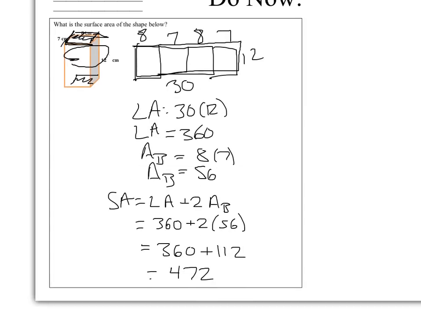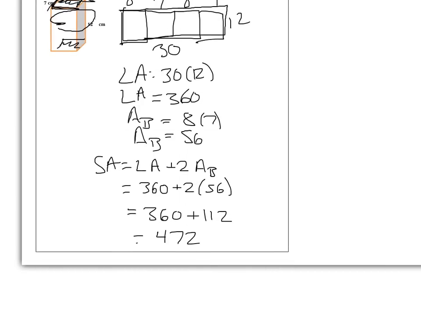And our units are square centimeters. So in order to wrap this entire box up, we would need 472 square centimeters of wrapping paper or material to cover it up.